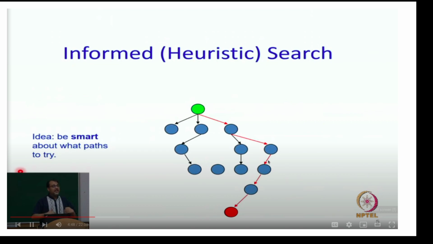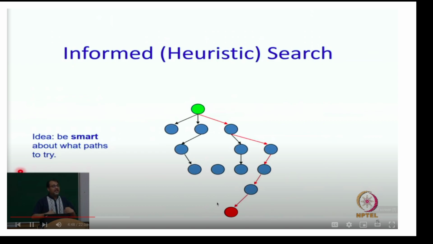Suppose you have some additional information, that the path you are looking for is longer than some number. The first two do not satisfy that property, and you can see the third branch is going in that way, so you can explore that branch first. Try to understand what I'm saying.